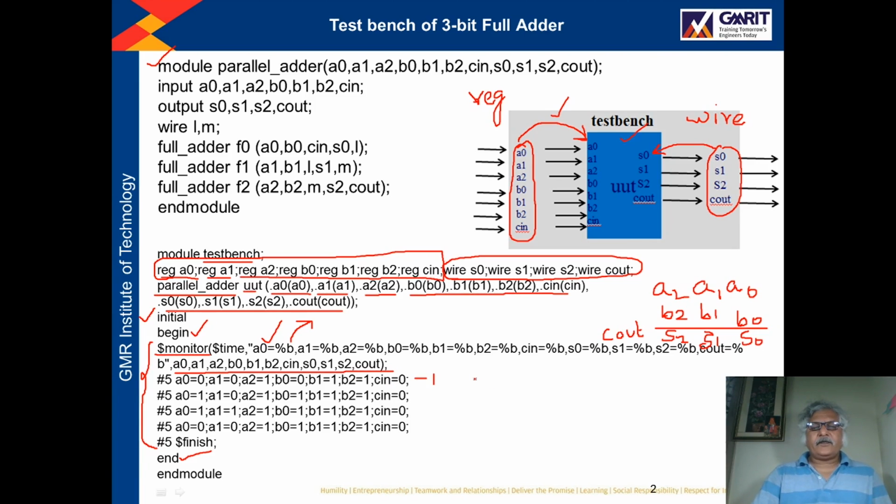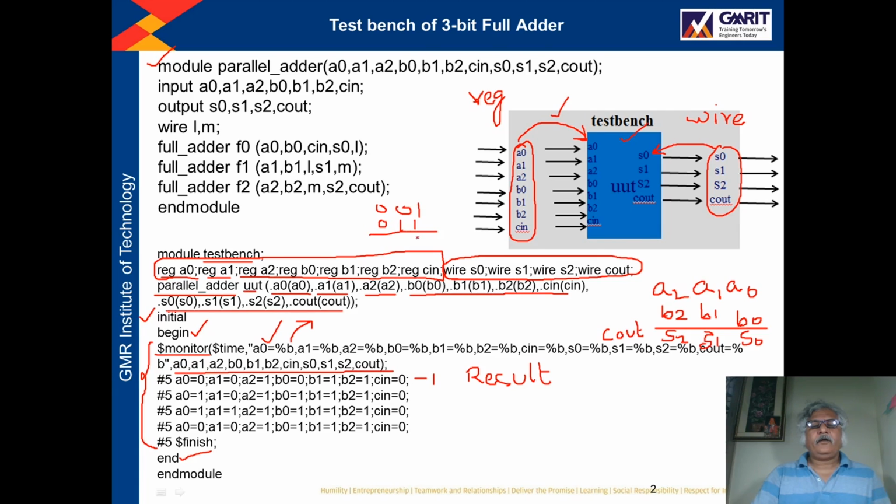So in this case the result will be, I will write here, 0, 0, 1 will be added with 0, 1, 1.